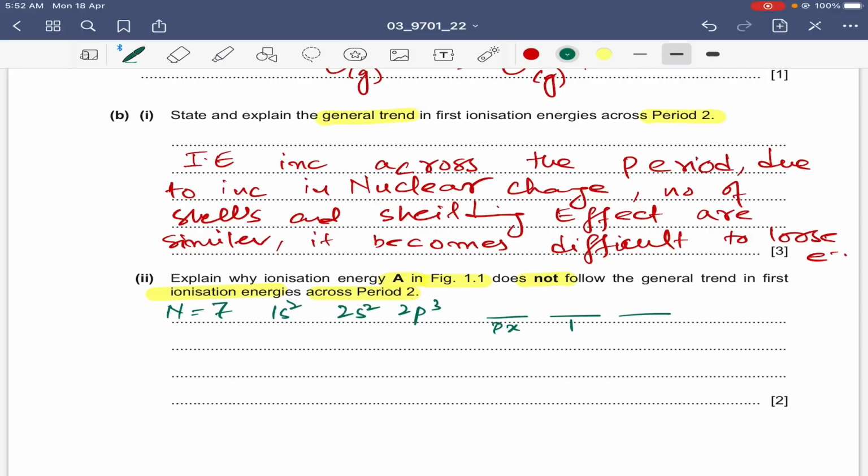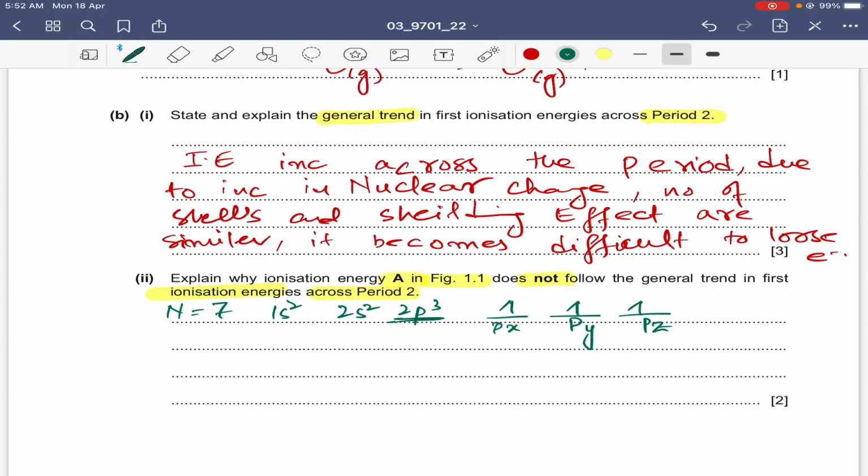So 2px, py, pz. So nitrogen has 1 electron in each of its degenerate orbitals. They are filled according to Hund's rule, that the degenerate orbitals are filled singly first and then pairing takes place. So this is the electron configuration of nitrogen orbital-wise.